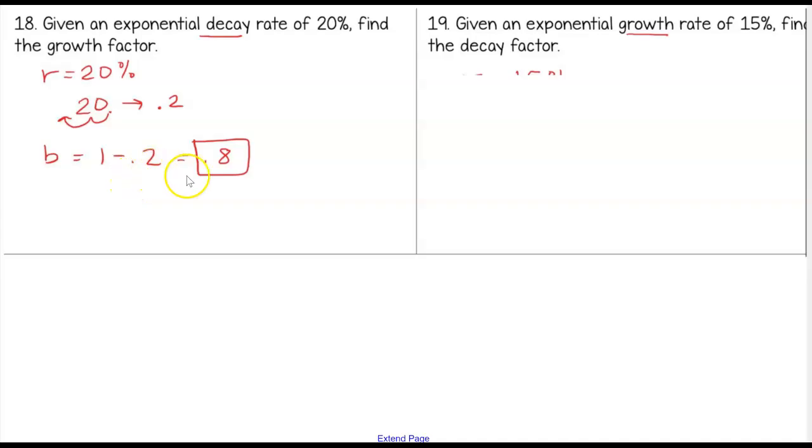One minus 0.2 is going to be 0.8. So the actual factor is going to be 0.8. I'm going to call it common ratio to keep things clear, but that's the number that we keep multiplying every time. Alright, see if you can do 19.